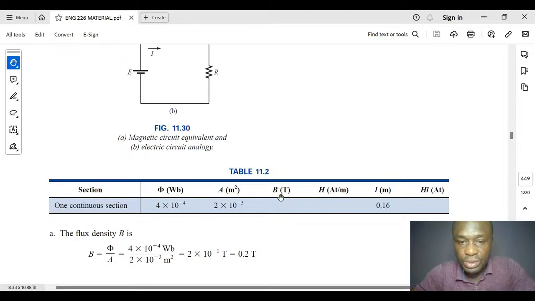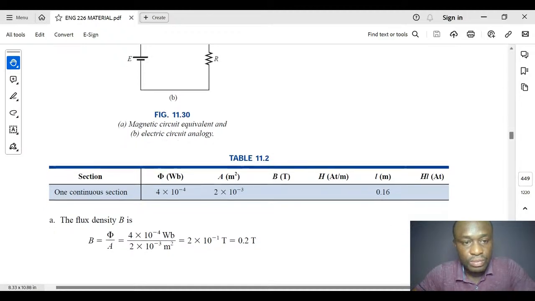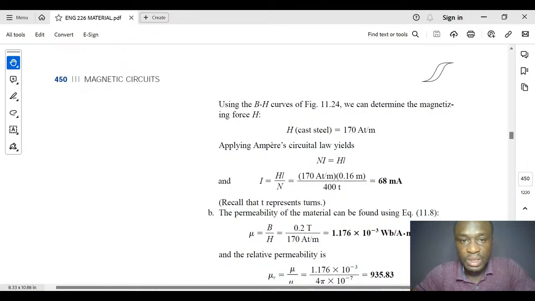So for this B that we are looking for in table 11.2, you find it to be 0.2 Tesla. Then another one is the magnetizing force, which is H.